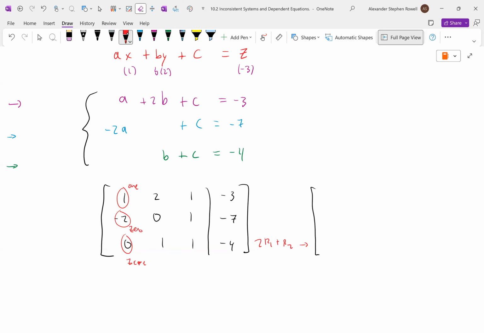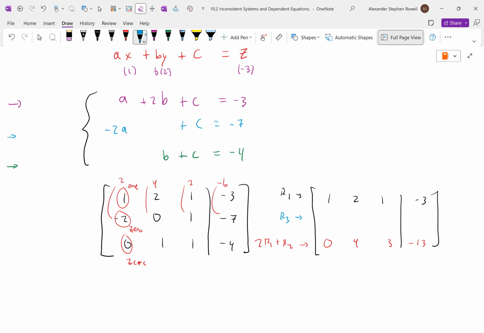Okay, so that would give me, let me write 2, 4, 2, -6, and add it. 2 plus -2 is 0. 4 plus 0 is 4. 2 plus 1 is 3, and -6 plus -7 is -13. I'll keep row 1 the same: 1, 2, 1, -3. And I must include row 3 also in some form.